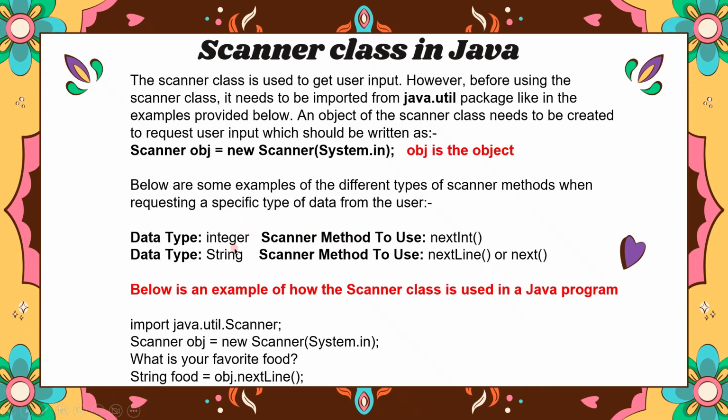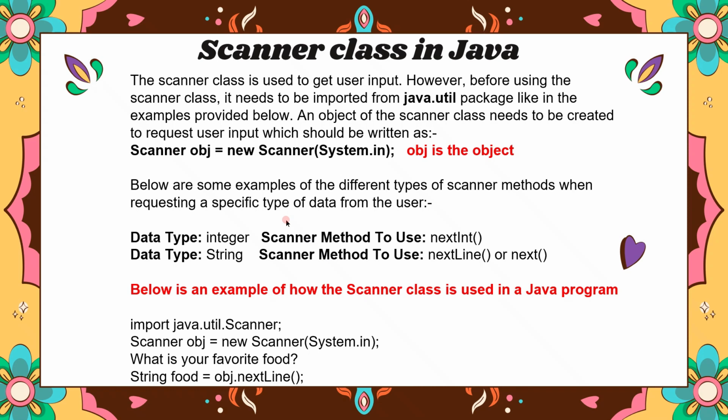There are more, by the way, but we're looking at two because we focused already on two different types of data. We focused on String and integer. Remember that String is receiving text-like or alphanumeric information from the user, and integer receives whole numbers.